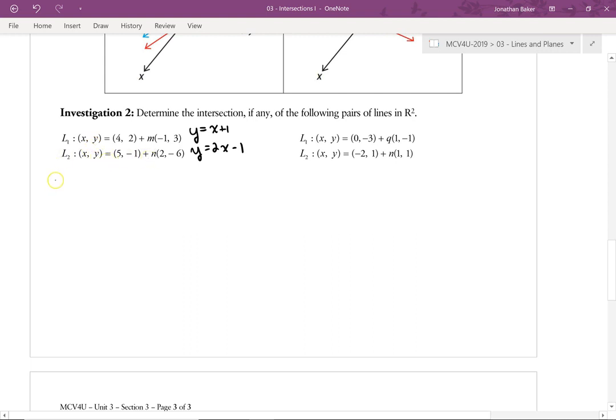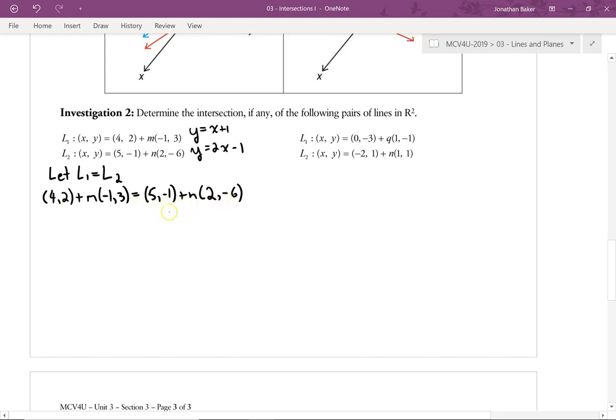Watch. What we can do is say let line 1 equal line 2. Then we can take our vector equation, 4, 2 plus m times negative 1, 3, and equate that with 5, negative 1 plus n times 2, negative 6. And we can solve this because we have a bunch of components whose values we can add up.